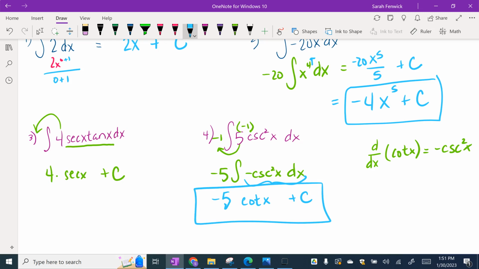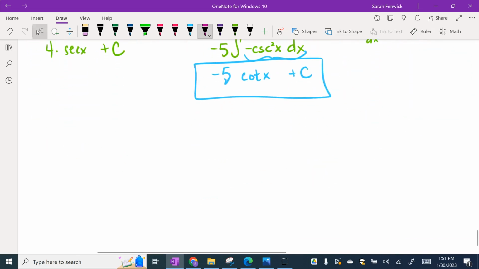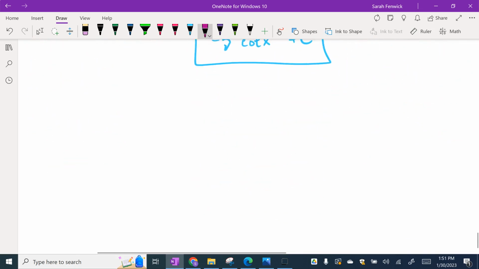Now, we get into something a little bit more involved. Number 5. If I have the integral of, oh, they made these really easy. Parentheses 3x to the 5th minus 1 to the 3rd times 15x to the 4th dx.